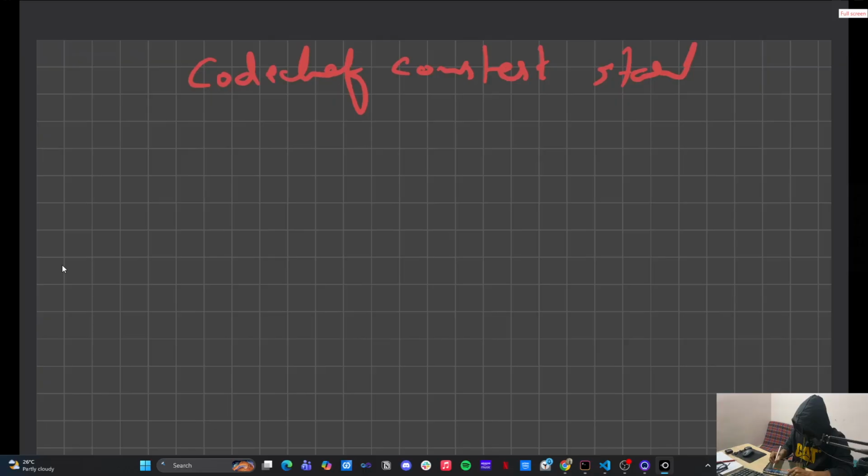The first problem from CodeChef Starters 238. They've said Chef is playing in a cricket net, and there are two phases.